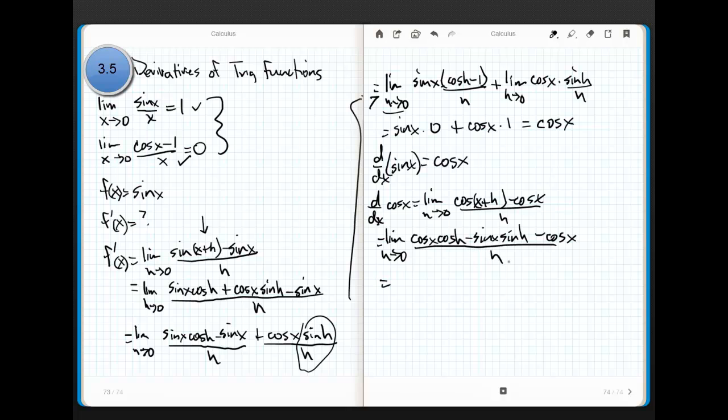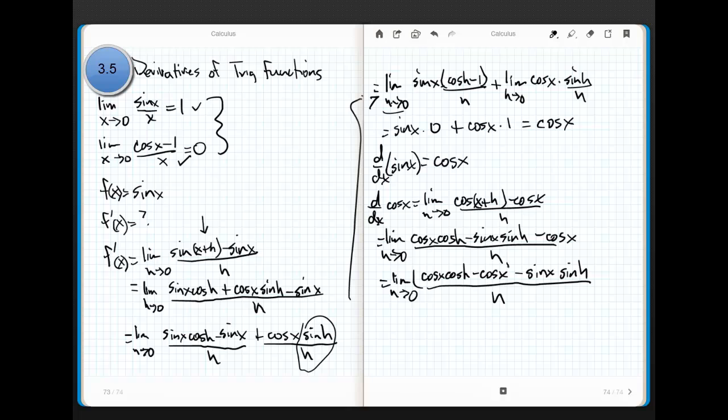All right, now here we go. Let's see. I'm going to gather some terms because I want to try to employ these guys again. H goes to 0, so this is going to be cos x cos h minus cos x minus sine x sine h. Whole thing is over h.